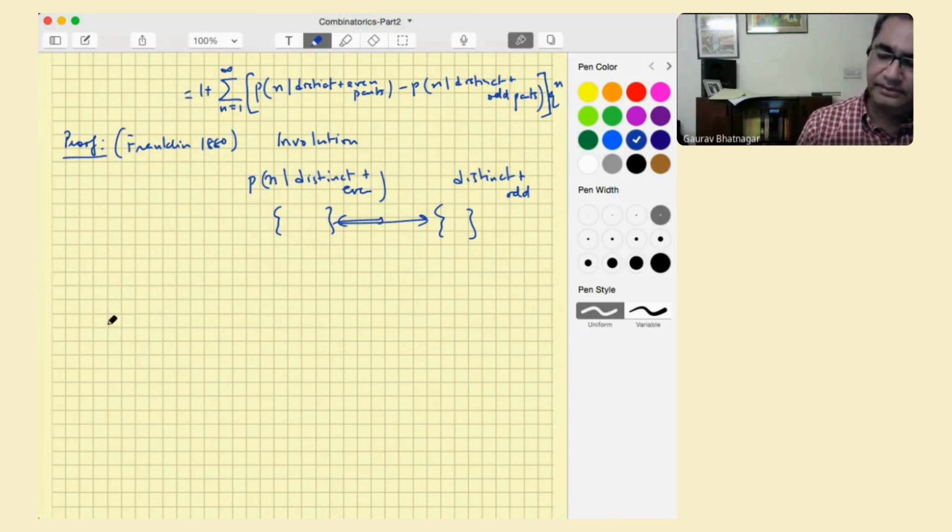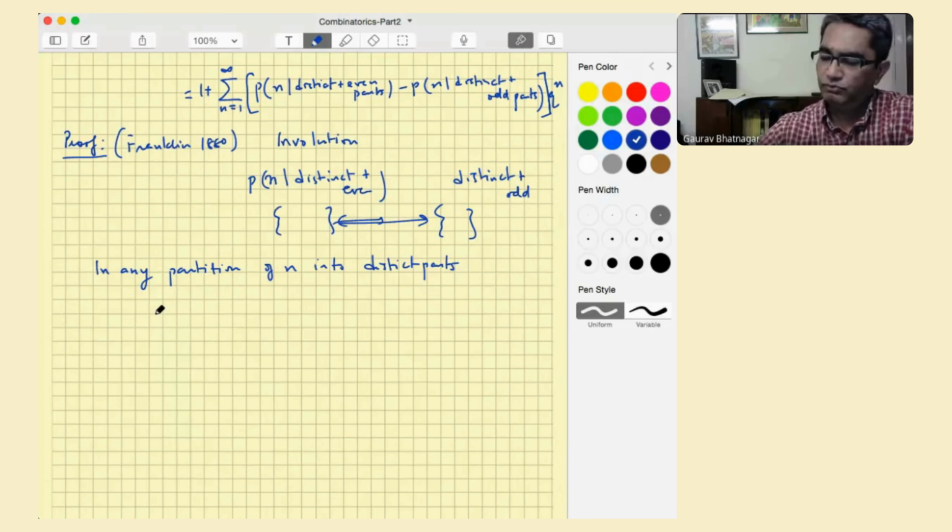That's the idea. So in any partition of n into distinct parts, let's make a usual proof by pictures.